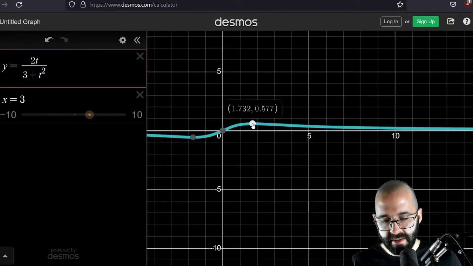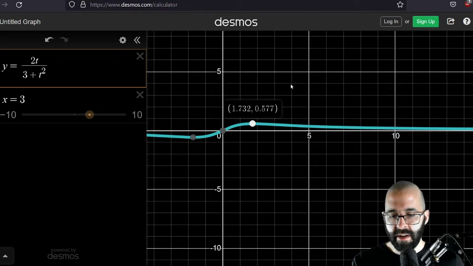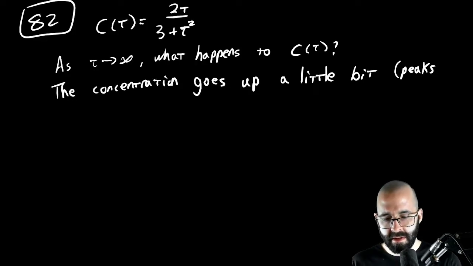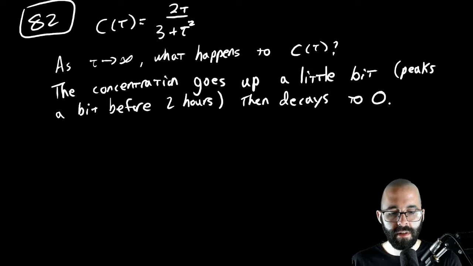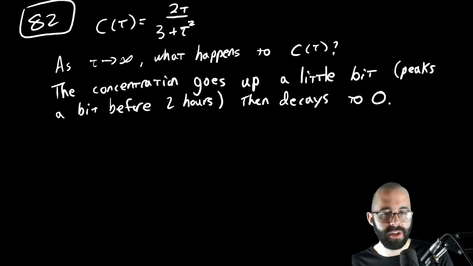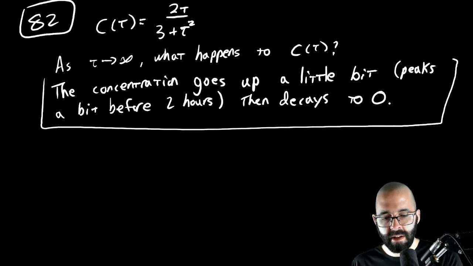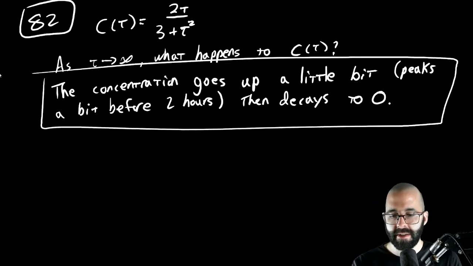All right, it kind of peaks a little bit before 2 hours, because yeah, T is in hours. And then decays to 0. I'll be more specific than the book is with how I want you to phrase this, but this is a good answer. This is a really good answer.